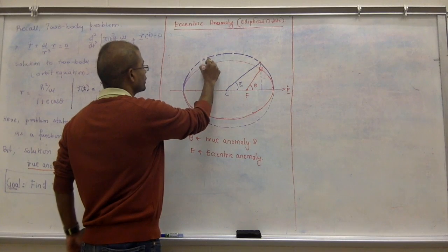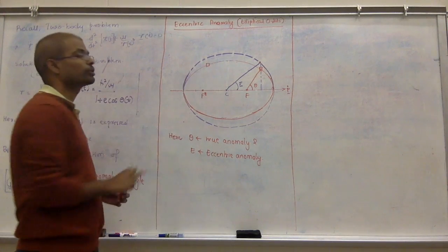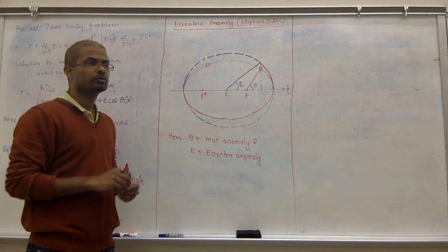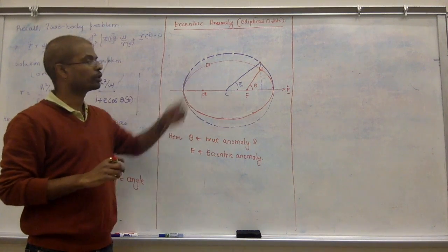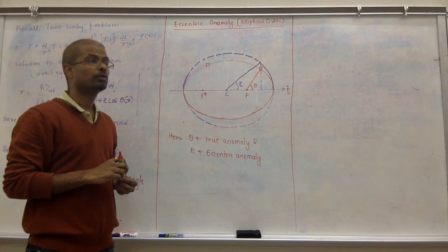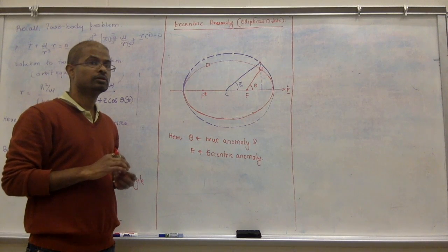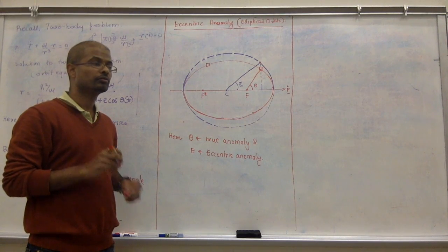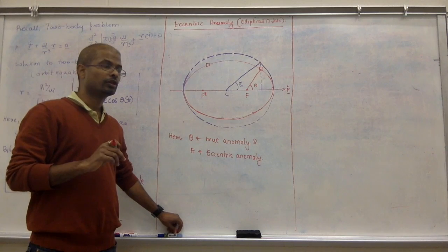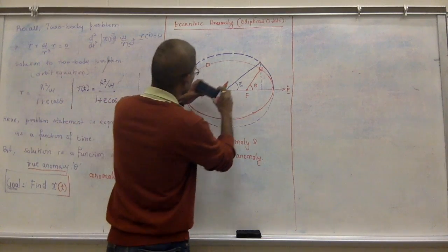What is the true anomaly of this location? First tell me the true anomaly. The angle from the focus to that line, the line joining. So you have this line, right?